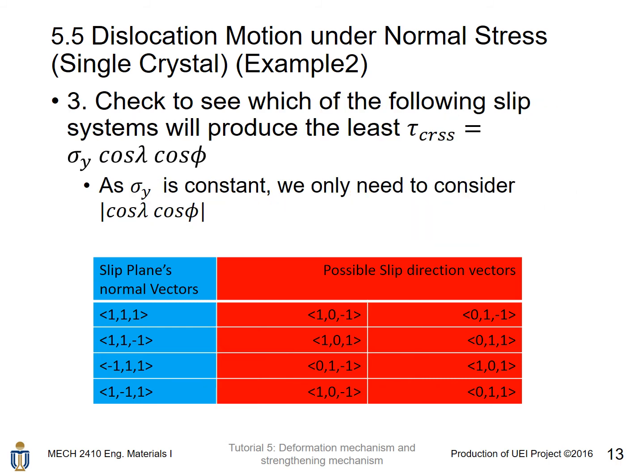And of the rest, there are only 8 combinations left. The first thing is to check whether the following system will produce the least value of the critical resolved shear stress, which is equal to the applied normal stress times the two cosine terms, which are the two angles. Again, the applied stress is constant, so we only need to consider this value.